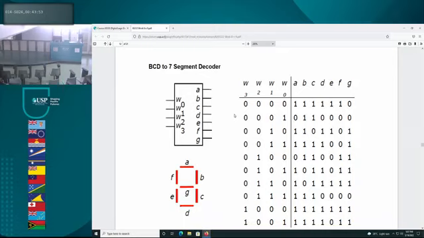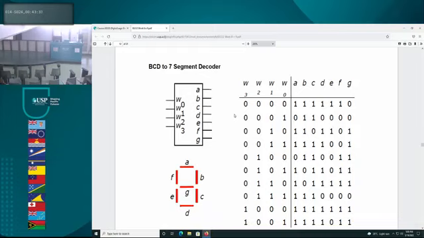This pattern is called a 7-segment display, and it's also used in your FX82 calculator. These 7 segments are labeled A, B, C, D, E, F, G.